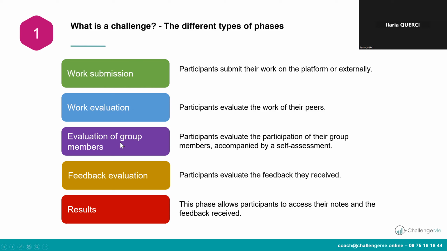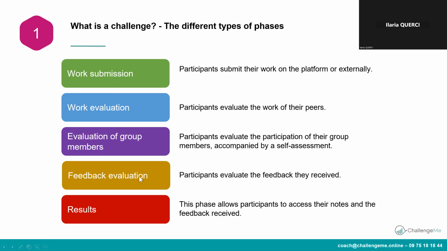We have an evaluation of group members phase. Here the participant will have to assess their teammates with whom they have collaborated on a common production, for example. Here we more ask the student to assess their teammates on initiative taking, communication within the group, quality of the work done, and so on. So more behavioral criteria.